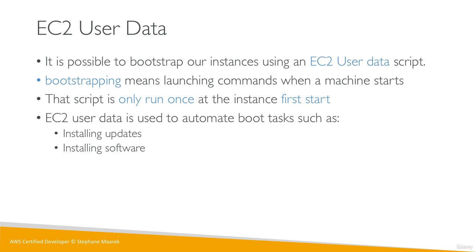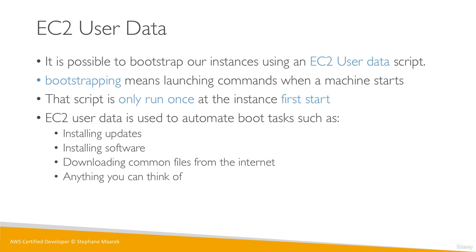Well, you want to install updates, install software, download common files from the internet, or anything you can think of, really. So it could be whatever you want. But just know that the more you add into your user data script, the more your instance has to do at boot time. Simple, right? By the way, the EC2 user data script runs with the root user. So any command you have will have the sudo rights, okay?